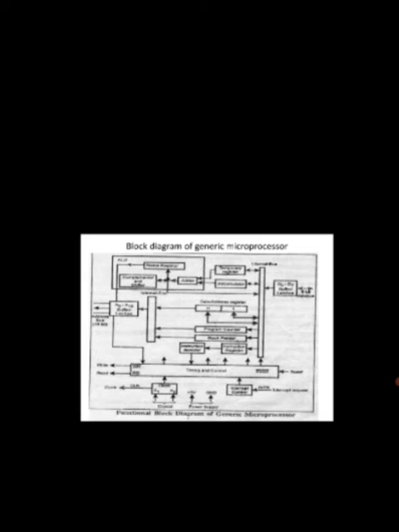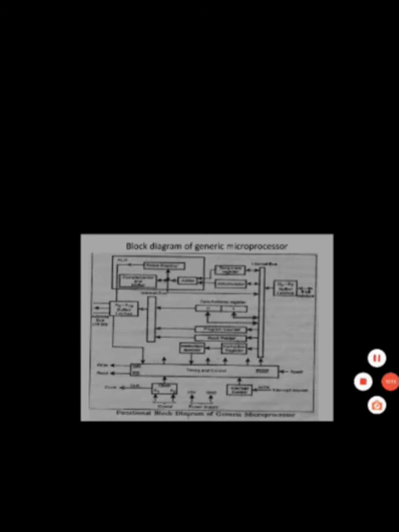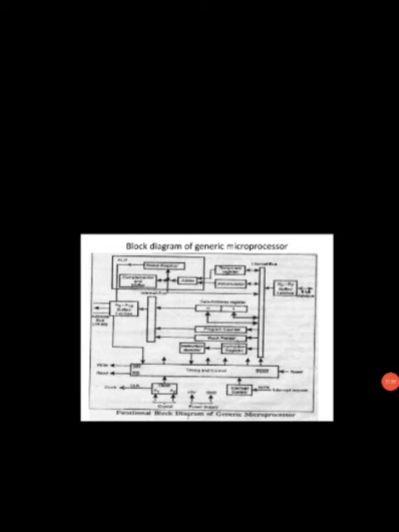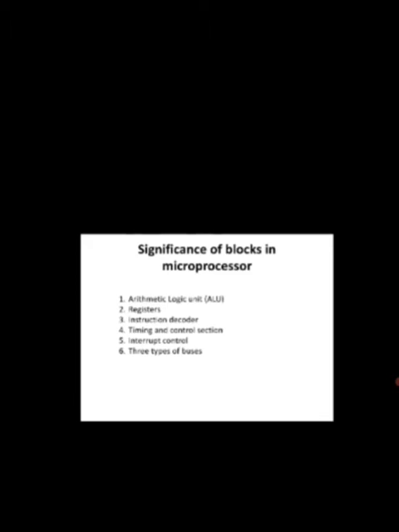The fifth is the interrupt control. And the sixth is the 3 types of buses. So we are going to study these 6 blocks of this microprocessor.